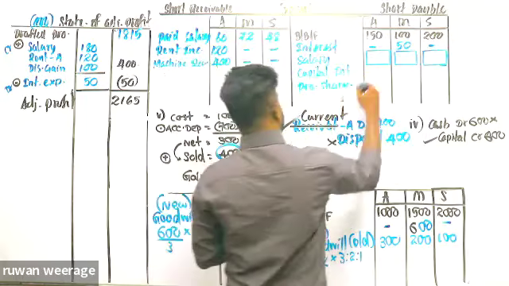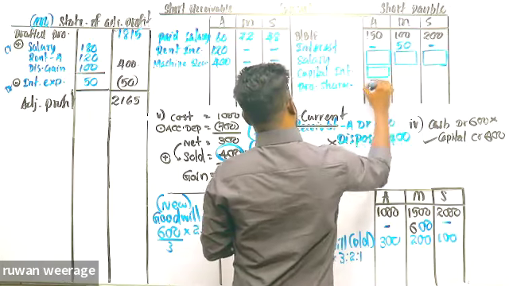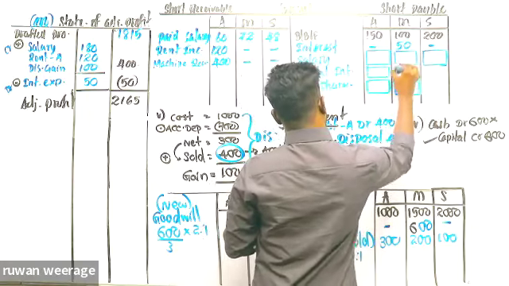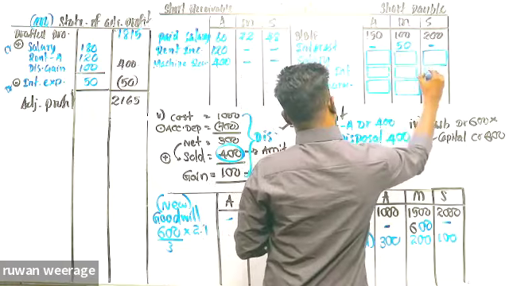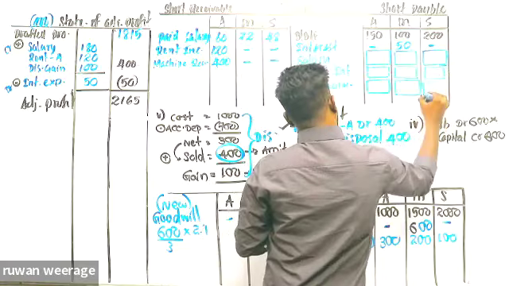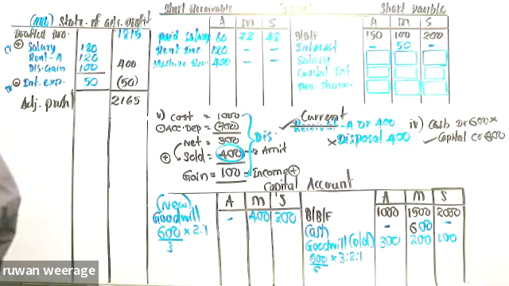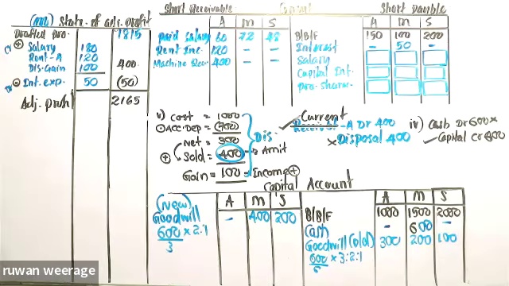Clear the profit shares. Okay. Right? Don't take the mistakes lightly. Calculate the salary.